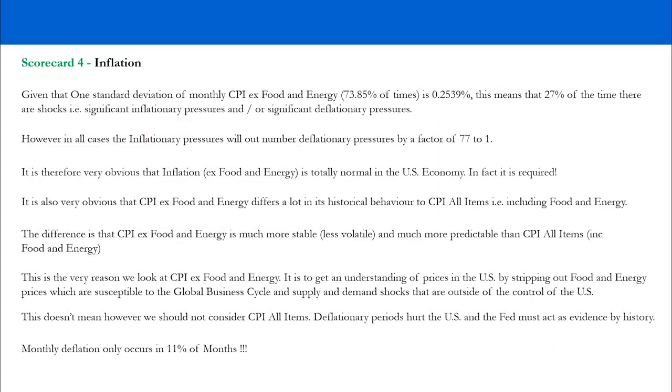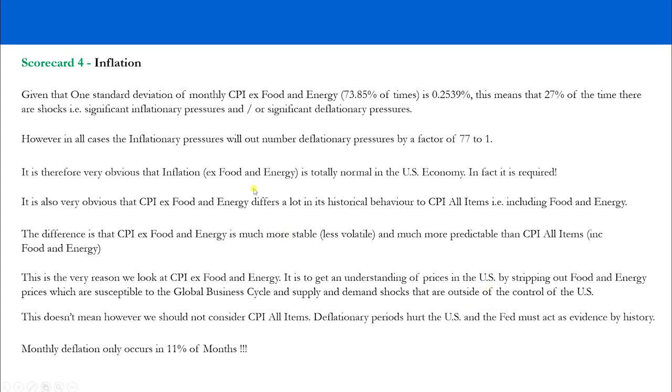Now, given that one standard deviation of the monthly CPI number ex food and energy occurs 73.85% of times, and that it's 0.2539%, this basically means that around 27% of the time there's abnormal situations outside of this range, and they can be considered as shocks, so things that happen in the minority of cases.